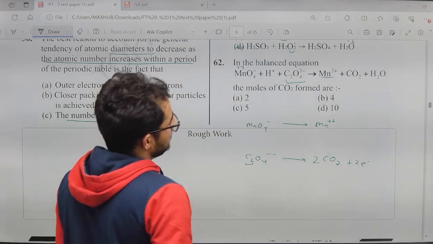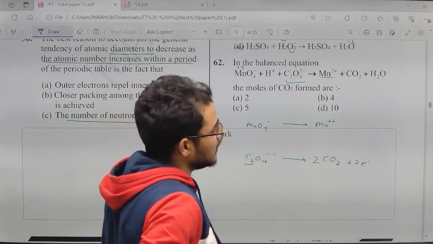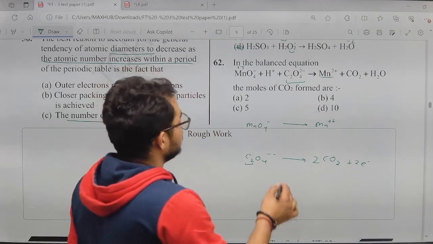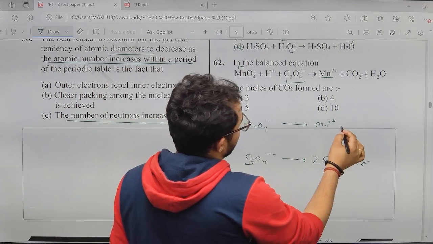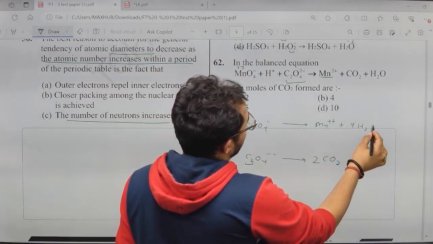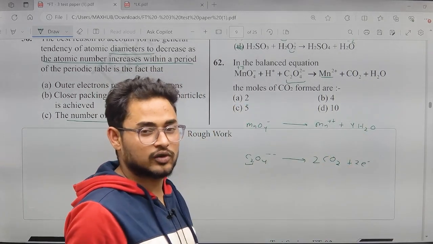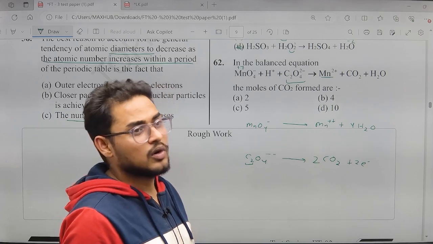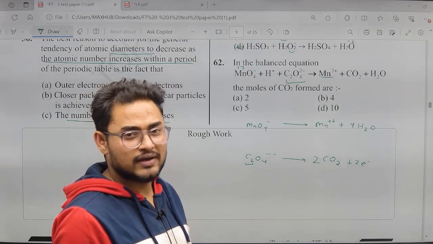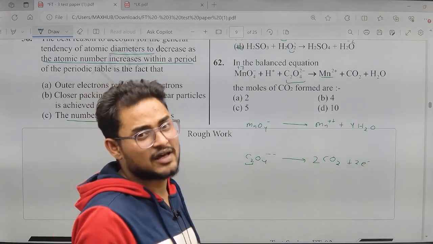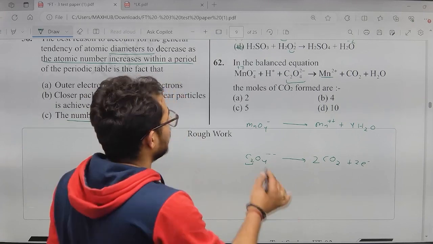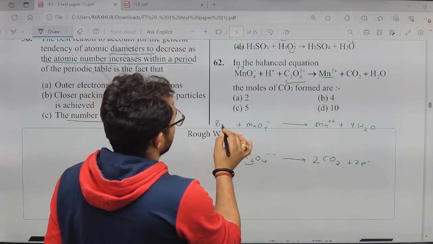Now in the first, MnO4 minus gives Mn2 plus. Here there are 4 oxygen on the left-hand side and no oxygen on the right-hand side, so I will add 4H2O to equate the number of oxygen atoms. Now 8 hydrogen are present on the right-hand side, but there is not even a single hydrogen on the left-hand side, so I will add 8H plus on the left-hand side.